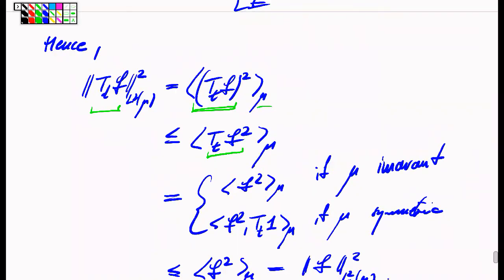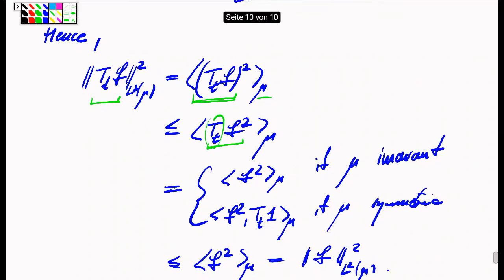And now I have got rid of one of the two instances of the T_t. Here we have an inner product of T_t acting on f with T_t acting on f, which basically means that the T_t operator appears twice. But here I have managed to give an upper bound in terms of something which involves only a one-time application of T_t. And now if the mu is invariant, then of course I can map the T_t onto the mu, or basically forget about it because it does not have any effect.